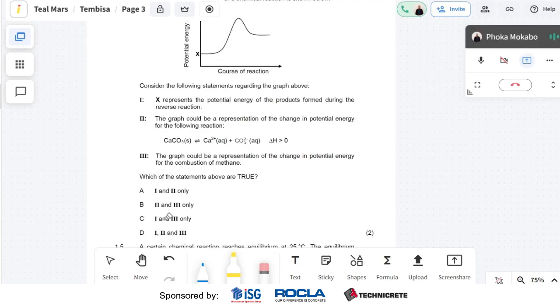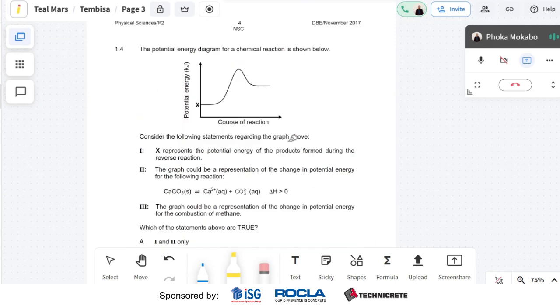In this case, let's see. X represents the potential energy of the products formed during the reverse reaction. Okay. By the looks of things, that is definitely true. Why is the X represented by the products of the reverse reaction? Well, if you look at this as the forward reaction, going in this direction would be the forward reaction, where you would have your reactants over this side and your products over here.